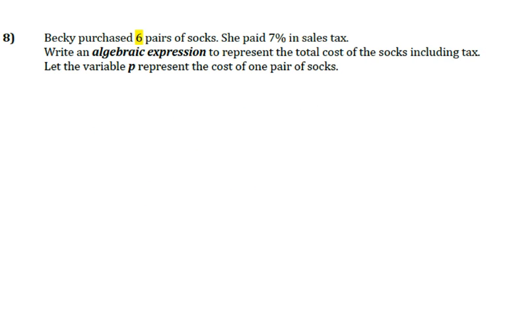Number 8. Becky purchased 6 pairs of socks. She paid 7% in sales tax. Write an algebraic expression to represent the total cost of the socks, including tax. Let the variable P represent the cost of one pair of socks. So to set this up, we have the cost of the socks and sales tax. So we need to find the original cost and then add on the tax. So our cost was for 6 pairs of socks, where P represents the cost of one pair of socks.